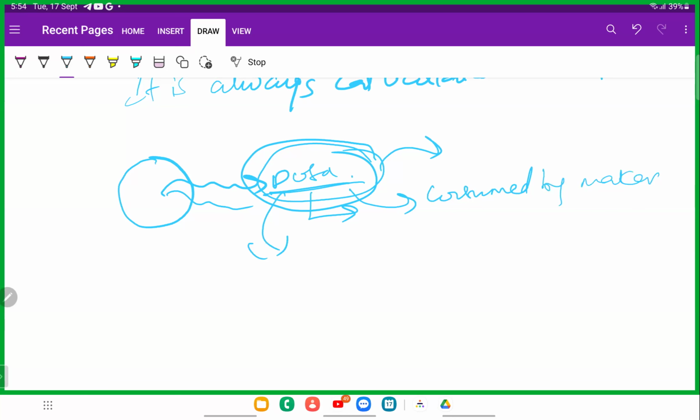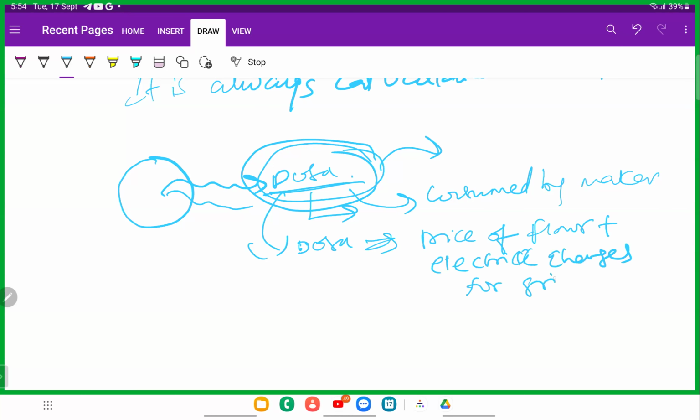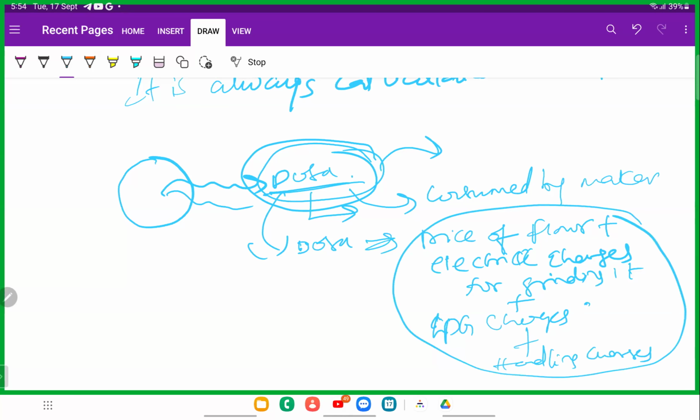The cost of making this dosha is the price of flour, plus electric charges for grinding it, plus LPG charges or making charges, plus labor charges, plus handling charges. So these all include cost price.